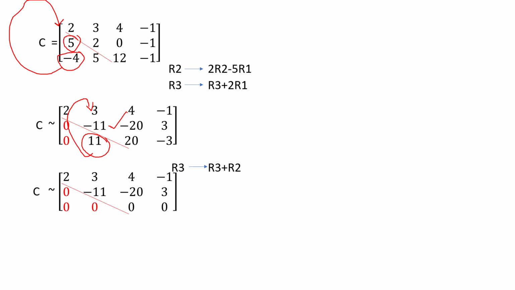Yes, in this procedure, I got the remaining two elements beside -11 in the third row also to be 0. Fine. Now at last, the rank is given by the number of non-zero rows. Here I am having only 2 non-zero rows. So the rank is 2.